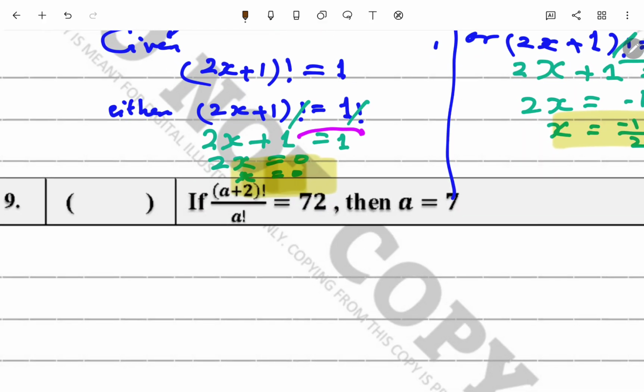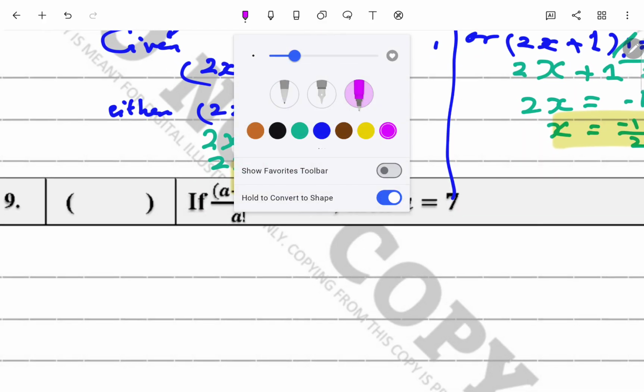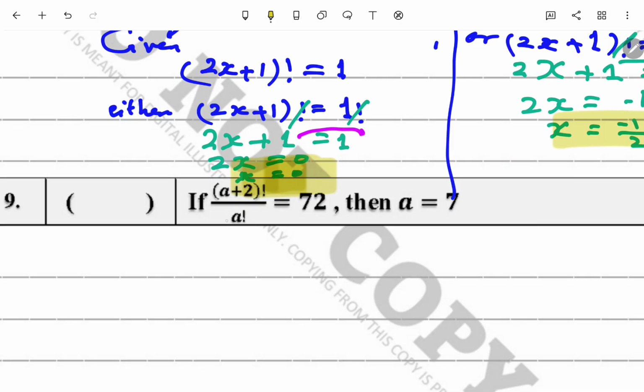Let's go to number 9. We can see that we have different factors here and there, which are (a plus 2) factorial divided by a factorial. We are going to start with the biggest, which is (a plus 2) factorial. Let's expand it.